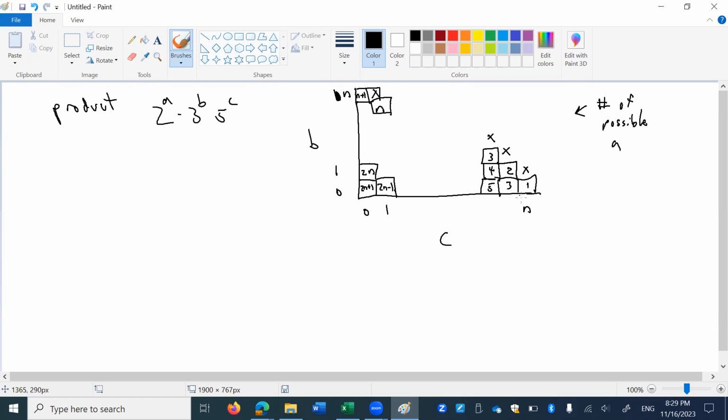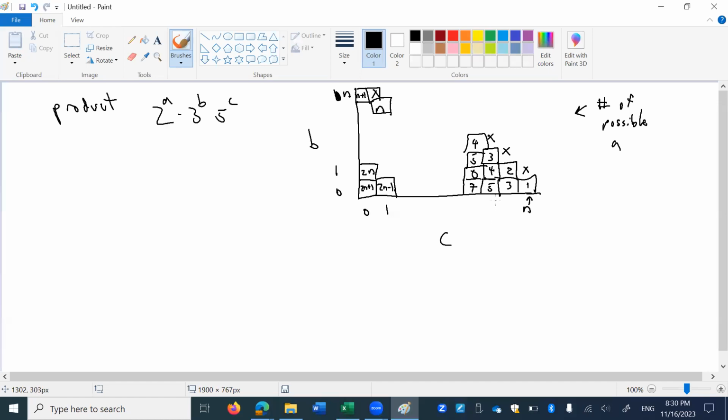And so we're going to see some kind of pattern here where, reading from right to left and going up the columns, I have a 1, and then I have 2 plus 3, and then 3 plus 4 plus 5, and all the way up to n plus 1, up to 2n plus 1.